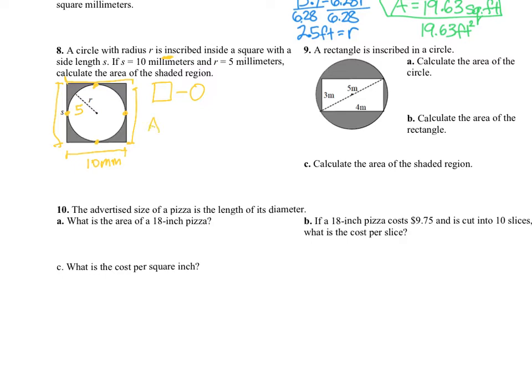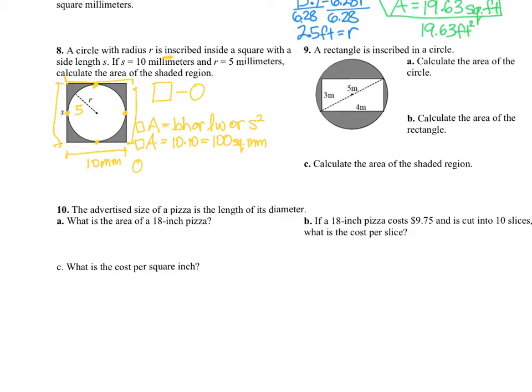So I know the area of a square, it's a rectangle, so base times height, or length times width, or even there's a specific formula for a square, which is just one side squared. Either way you do it, this is going to be 10 times 10. So the area of the square is 100 square millimeters. And the area of the circle, oh, and usually in the front of these, I put a little square to remind me which one is which.